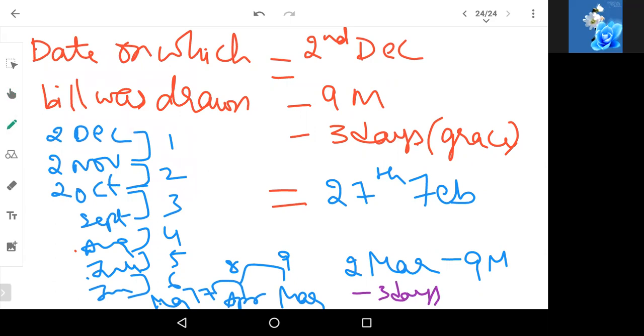So 3 days means 1st March, 28th February, 27th February. You can take 2nd March also into account, that's also not a problem. 2nd March, 1st March, 28th February, if you take out, 27th will be the date on which we are taking the days.